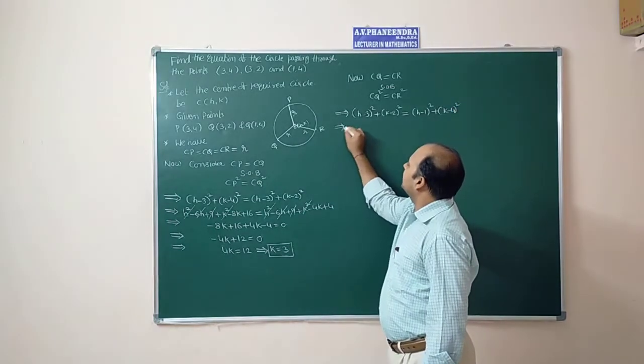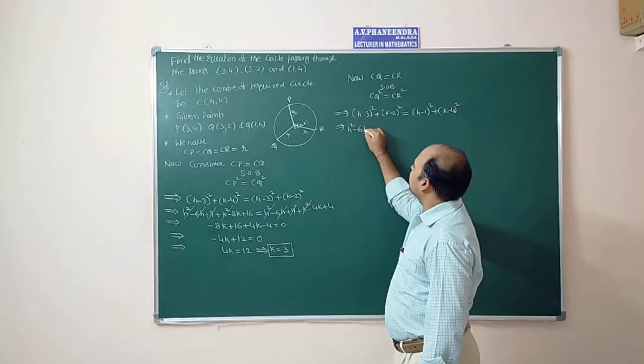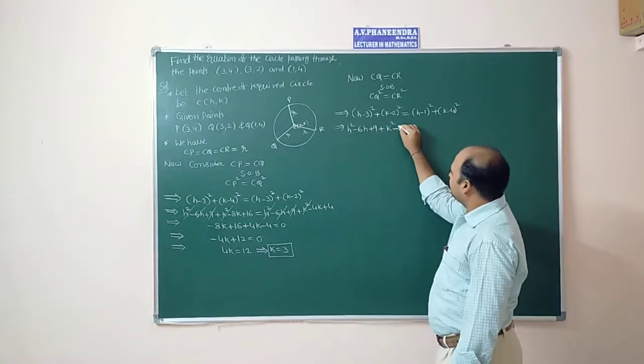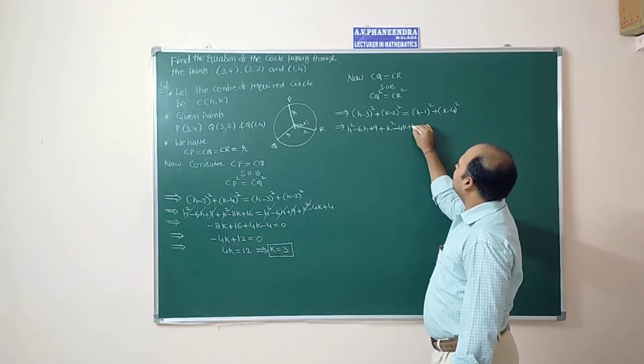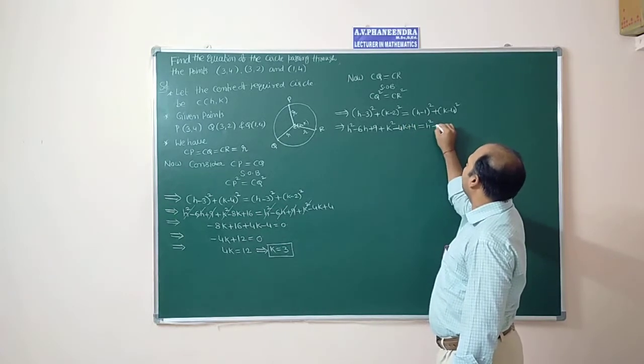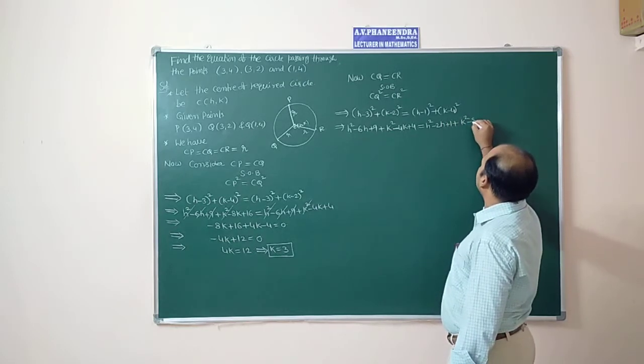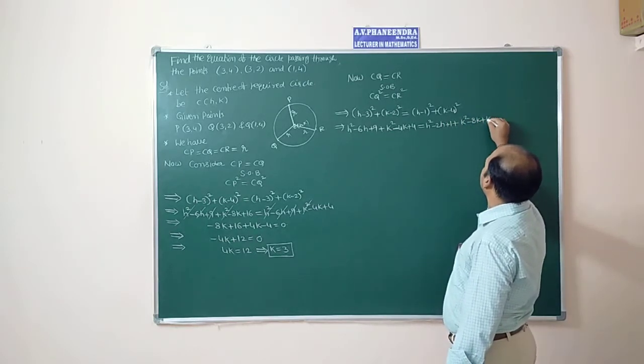That implies h square minus 6h plus 9 plus k square minus 4k plus 4 equal to h square minus 2h plus 1 plus k square minus 8k plus 16.